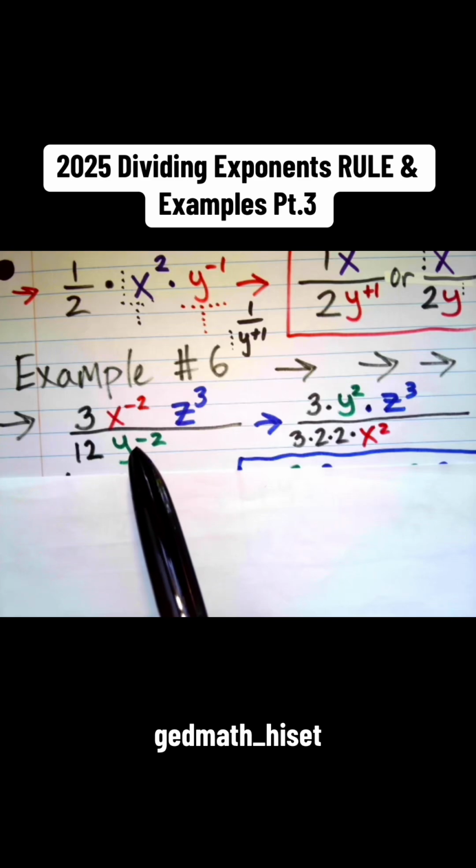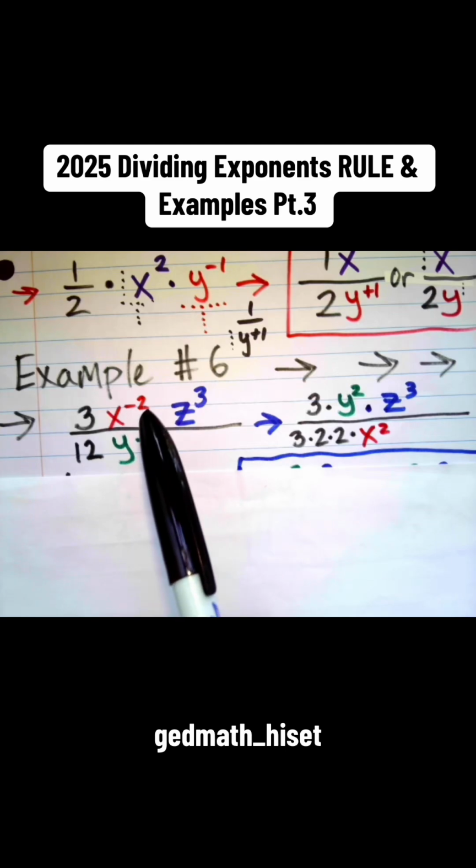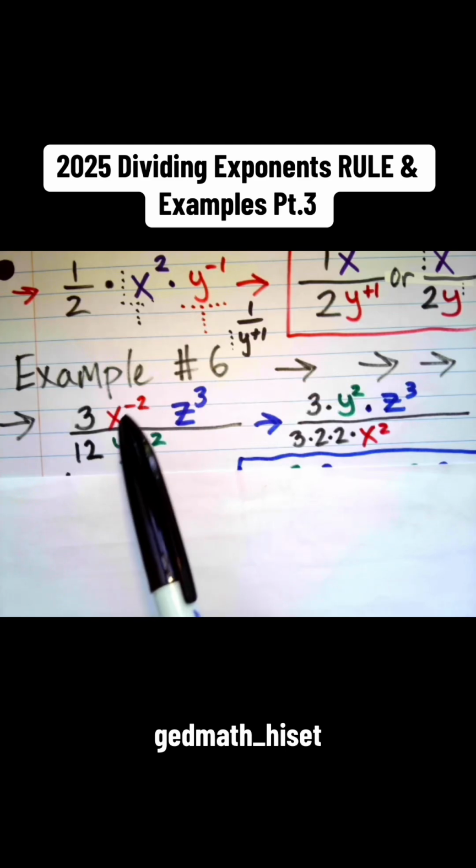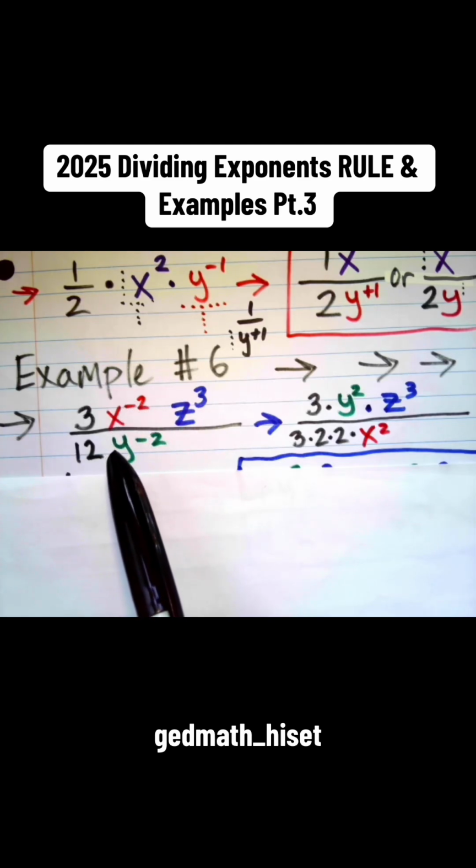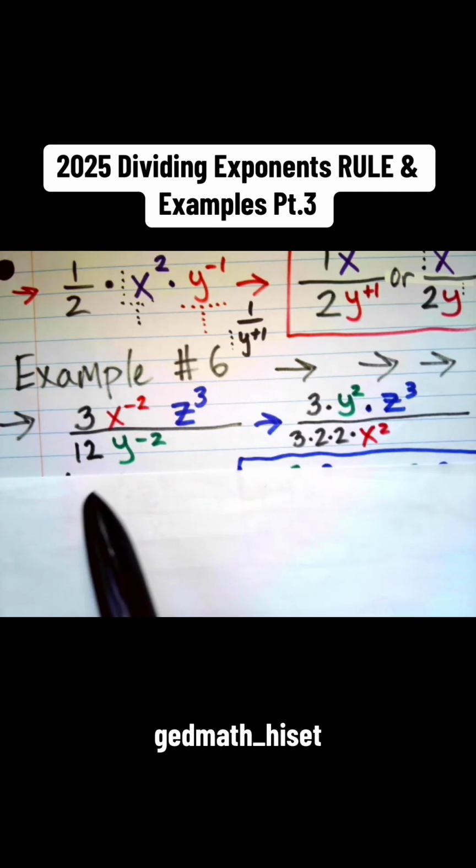So, remember, in order to make this negative a positive, we can bring it up here to the numerator. To take this negative 2 attached to the x, we bring it down to the denominator, and then we leave everything the same. Write it out in expanded form.